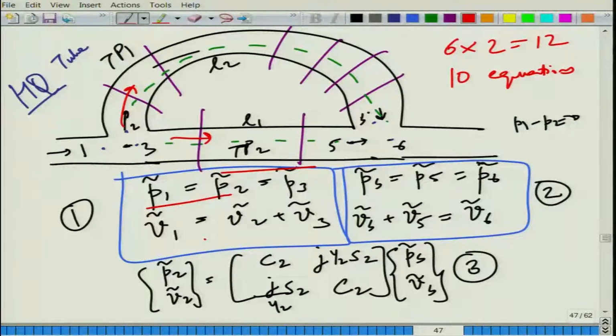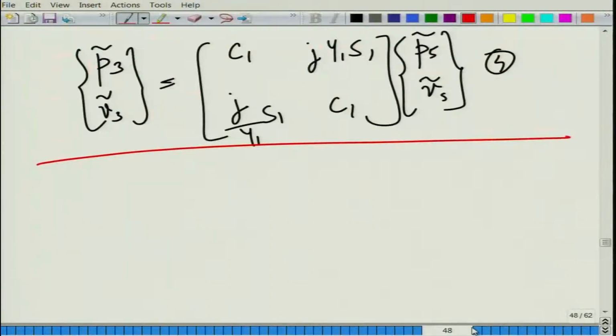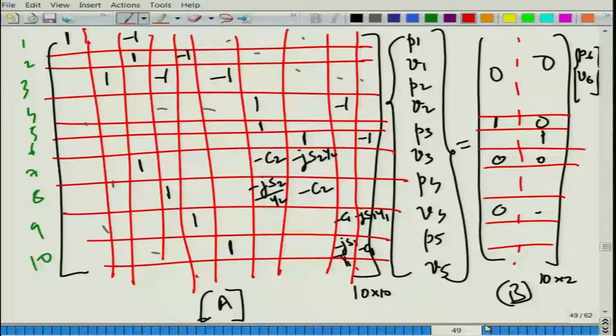One has to write down the different equations that characterize each element and the junction laws, and then assemble everything into one big matrix like the one that we are seeing here, represented in terms of the variable pertaining to the downstream ones. So, this matrix needs to be inverted and then multiplied.